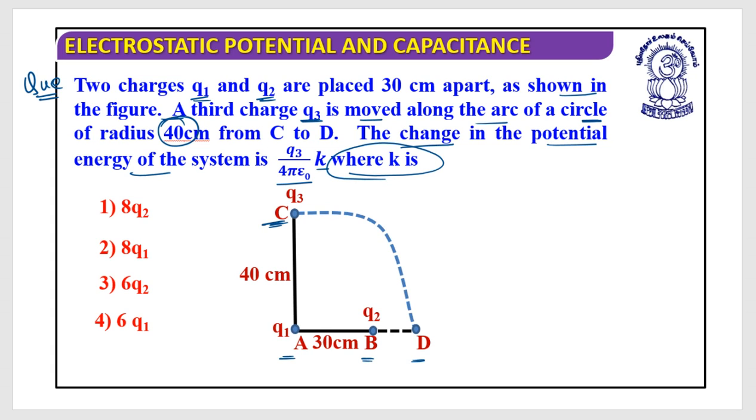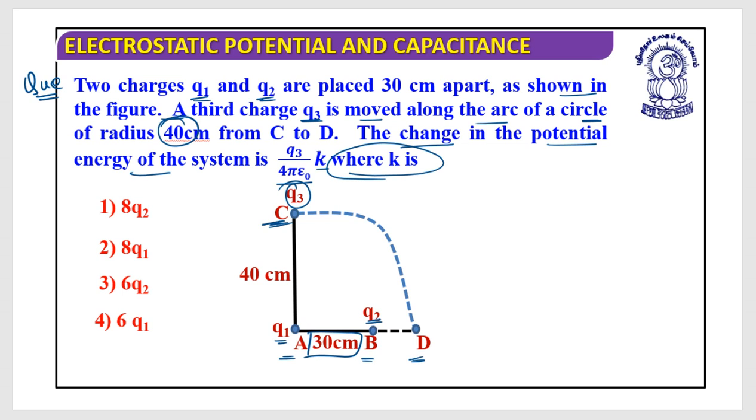So how can you do this? What can be done? Yes, there are two charges, Q1 and Q2, placed 30 centimeter apart as shown in the figure. A third charge is to be moved along the arc of a circle of radius 40 centimeter from point C to point D, and we need the change in the potential energy.